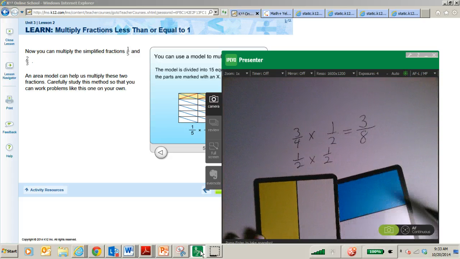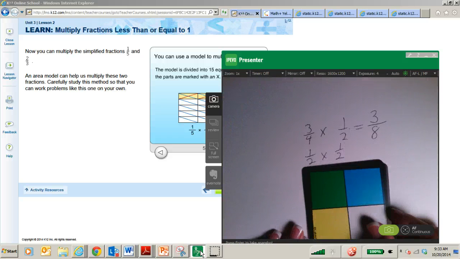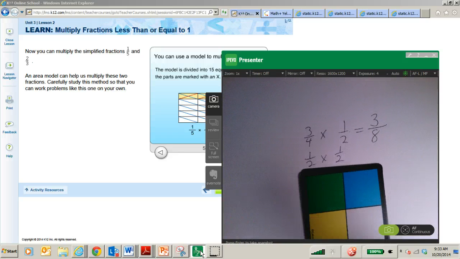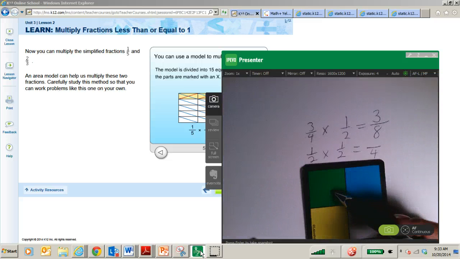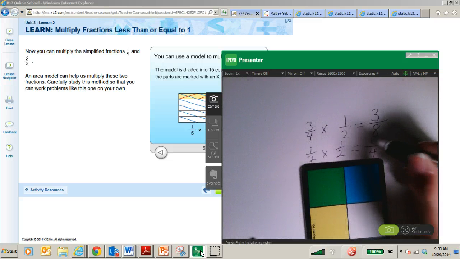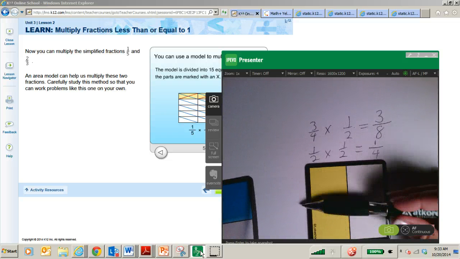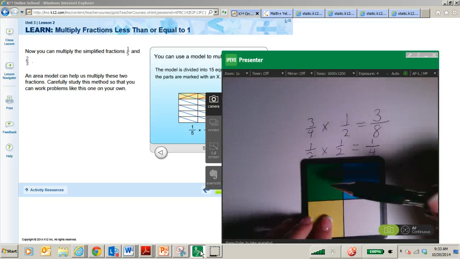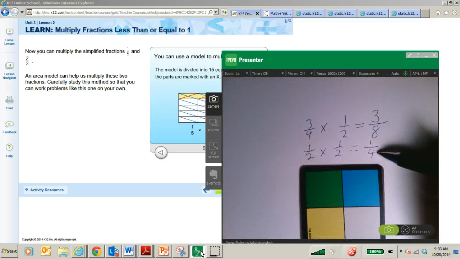You can see that it's not the entire piece. So if I have 1/2 of 1/2, I now have 4 pieces, and they overlap in one area. And you can see here's my half, but I only want 1/2 of that, which would be this part right here. Half of a half is 1/4.